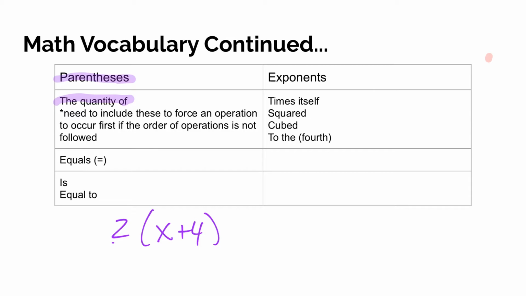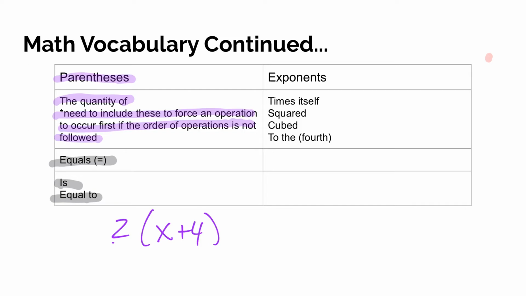The reason we need the parentheses is to force an operation to occur first if the order of operations would not otherwise do it. So if we want something done first, we put it in parentheses, because in the order of operations it's grouping symbols, then exponents. Another term is equals, which is just the equal sign, or the words equal to or is.